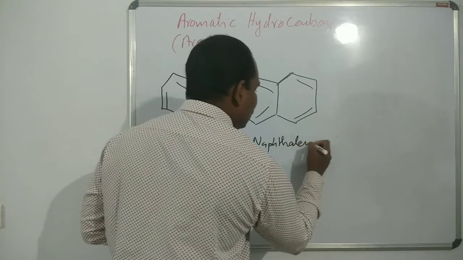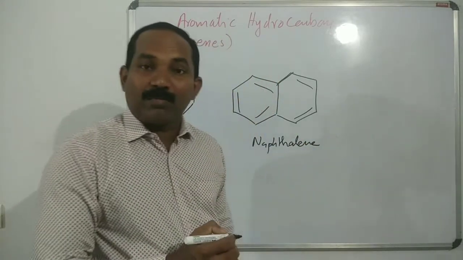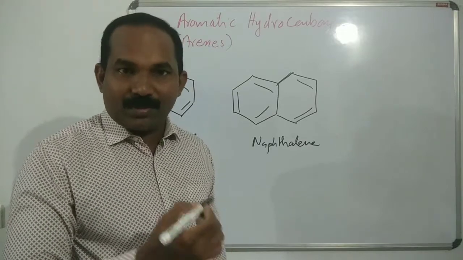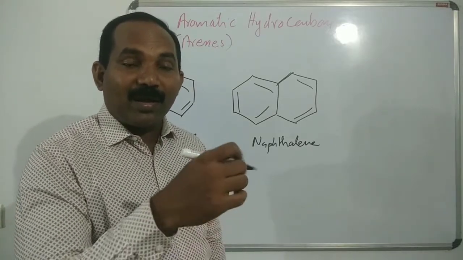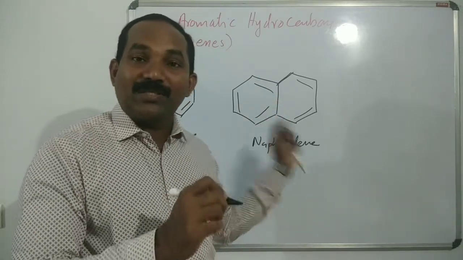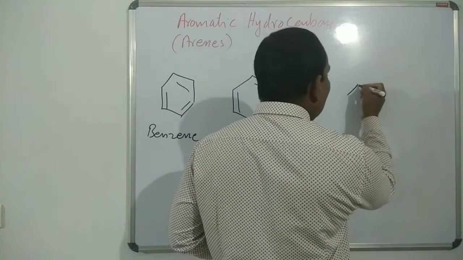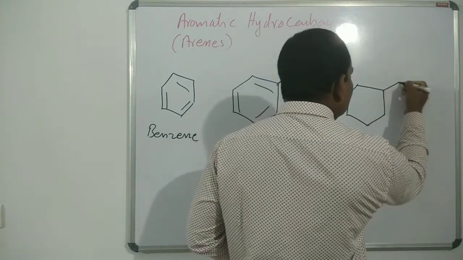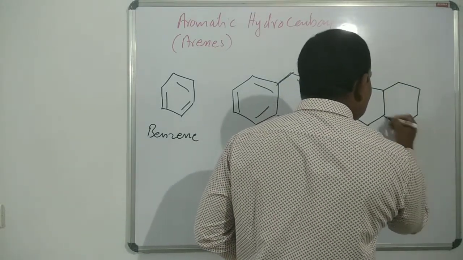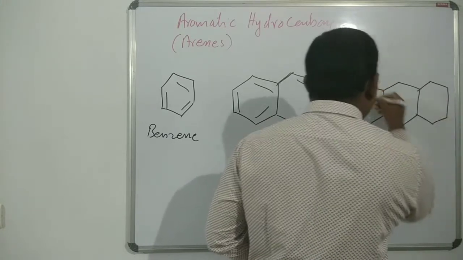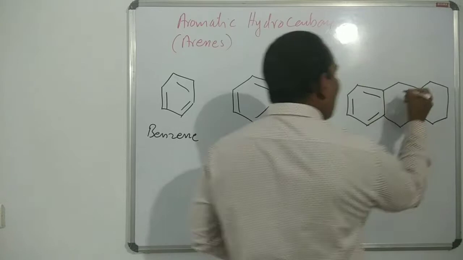Naphthalene is used as a mothball and repellent compound. Moths stay away from the area where it is kept. And when three benzene rings are joined, it is called anthracene.